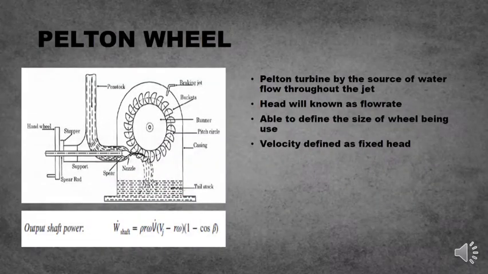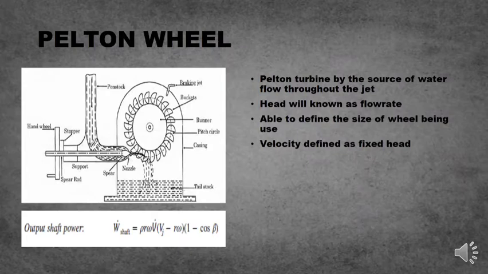Then we see this is a Pelton wheel on a schematic diagram. Here we can see there is a penstock where the water flows from the source, and we have the runner and also the shaft, and the propeller is designed in bucket form.